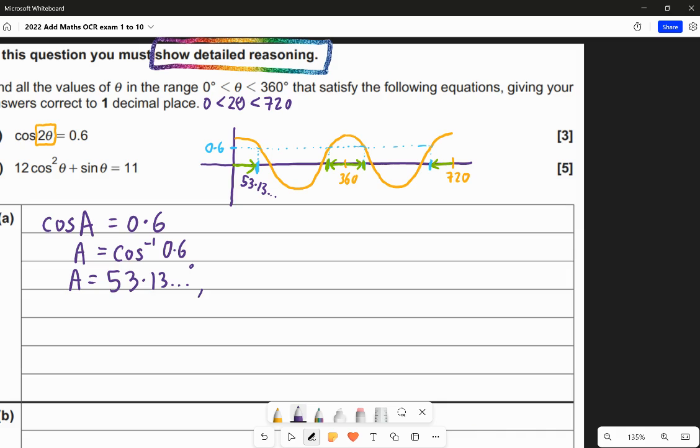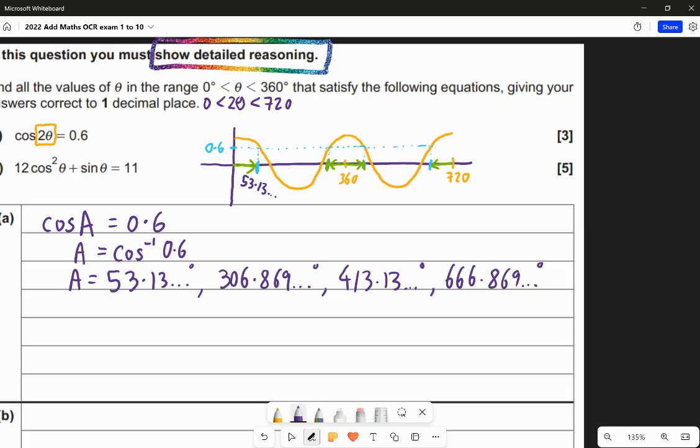And then the next one, 360 take away that is 306.869... degrees. Next one is 413.13... degrees. And the last one was 666.869... degrees. Okay, so that's the 4 values of A that we've got from that graph.